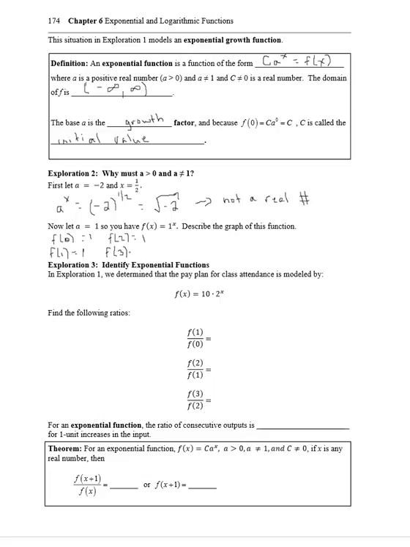F of 3 is 1 cubed, which is still 1. So what we have is a horizontal line at y equals 1. So that's why we can't have a be 1.